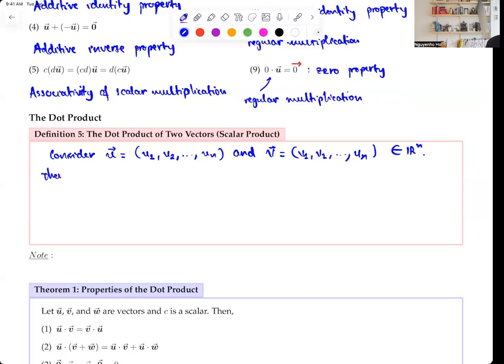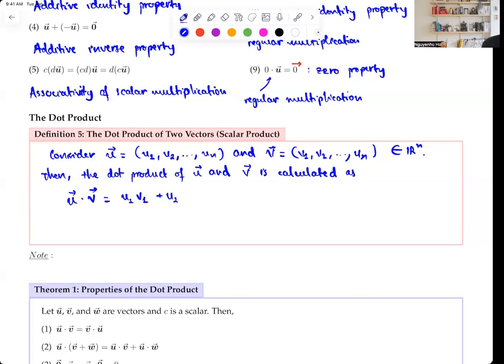Then the dot product of u and v is calculated as u dot v equal to u1 times v1 plus u2 times v2 plus ... plus un times vn.